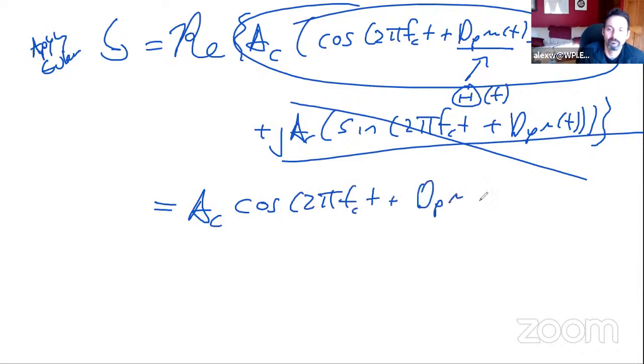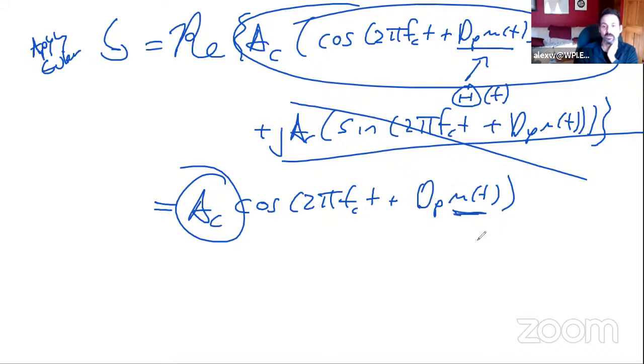Awesome. Now, what we need to do is somehow this gets sent over the air, right? So it's a cosine wave. It has a constant amplitude A_C, but its phase constantly changes continuously as a function of m of t, which, again, for shorthand purposes, I'm just going to call theta of t.